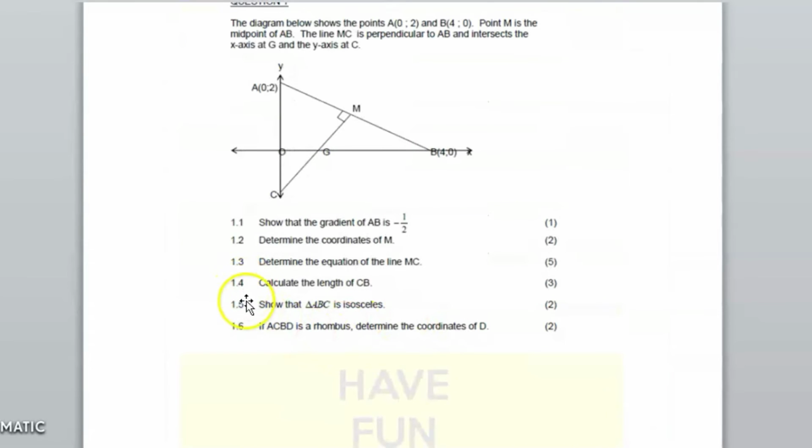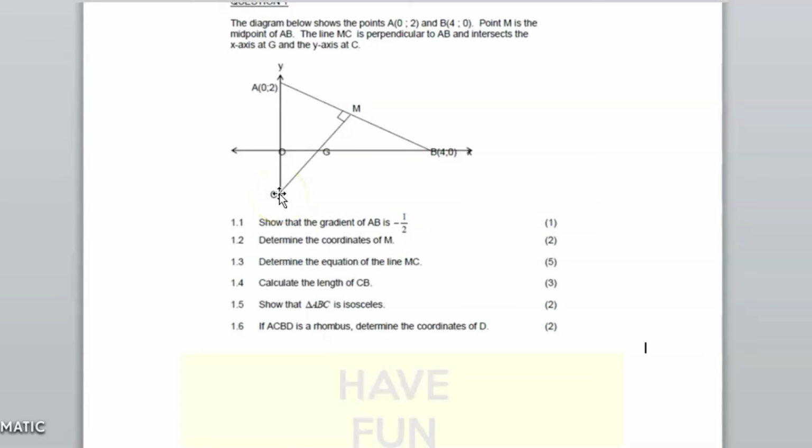Now 1.4, calculate the length of CB. CB is from here to here. This is CB. Calculate the length of CB using what? You're going to use the distance formula, but first you have to find this point, because to calculate the distance between 2 points, we have to have 2 coordinates. At this point you don't have the point C coordinate.